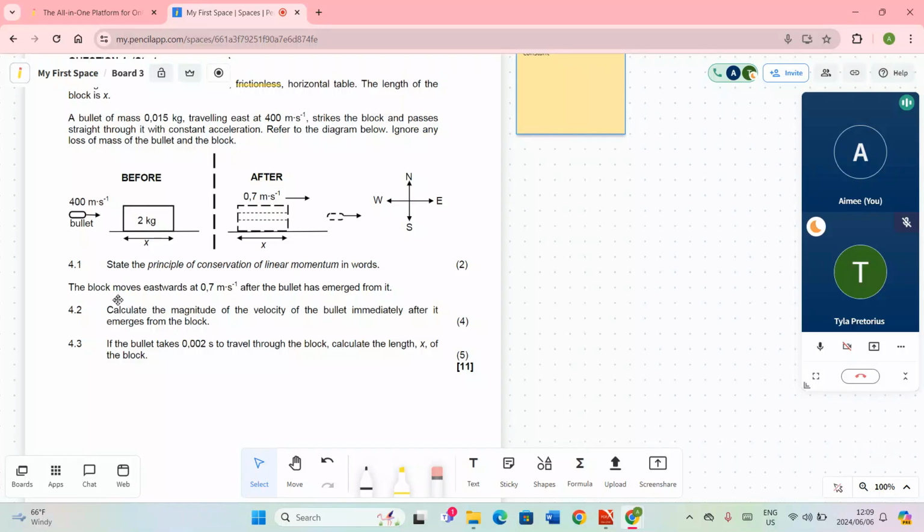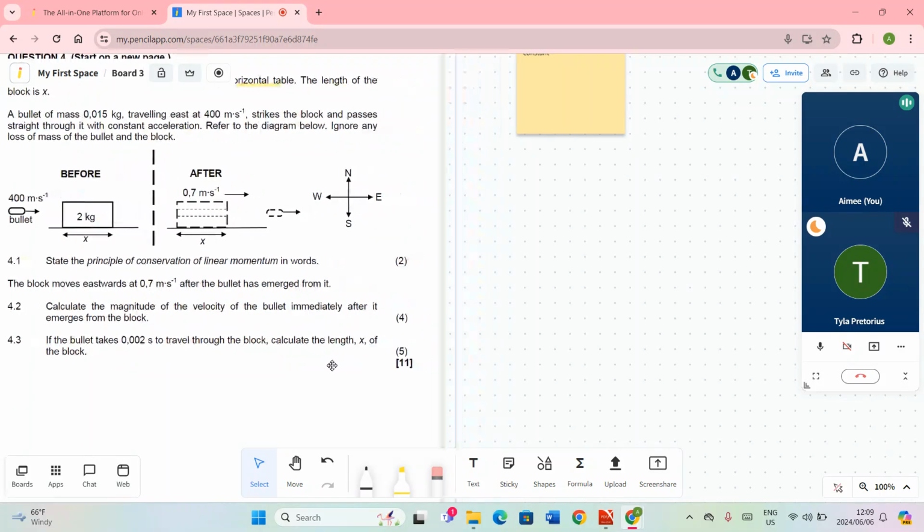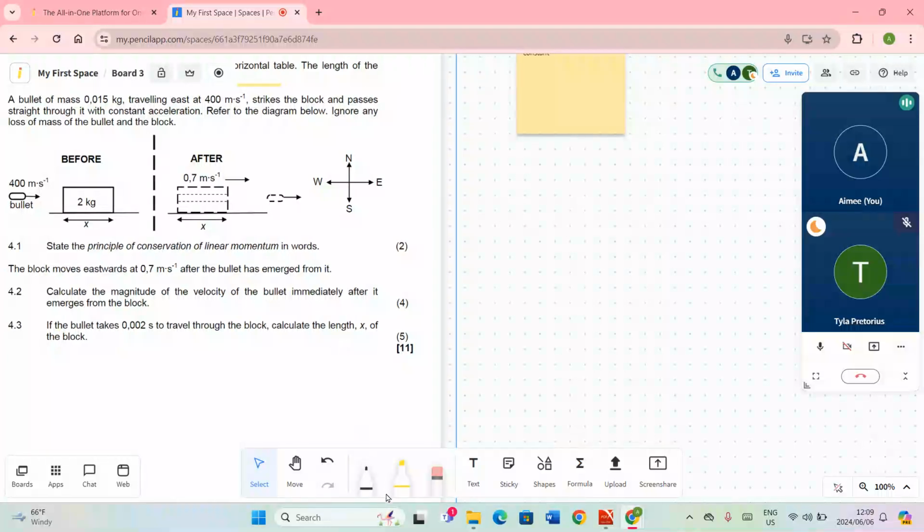The question now says the block moves eastwards at 0.7 meters per second after the bullet has emerged from it. 4.2. Calculate the magnitude of the velocity of the bullet immediately after it emerges from the block. We know we're working with the conservation of linear momentum in this question.